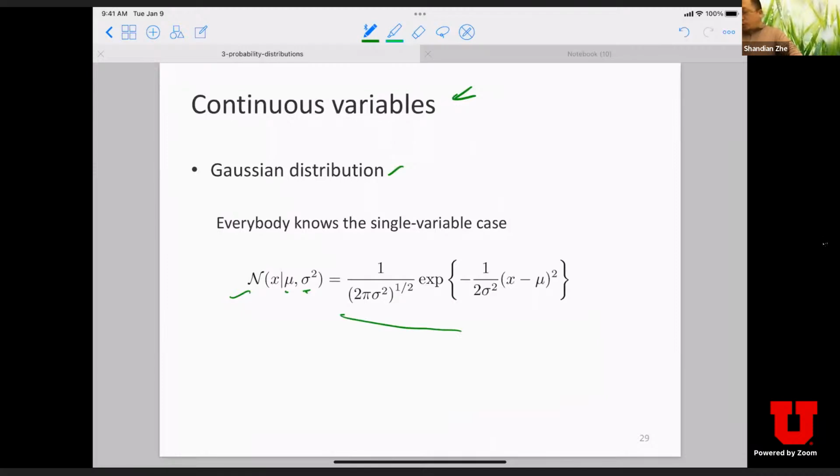It is exponential to the power of minus 1/(2 sigma squared) times (x minus mu) squared, right? And this is the normalization factor. It is to ensure that if you integrate the probability density with respect to x, it gives 1.